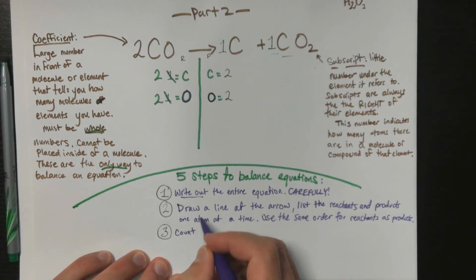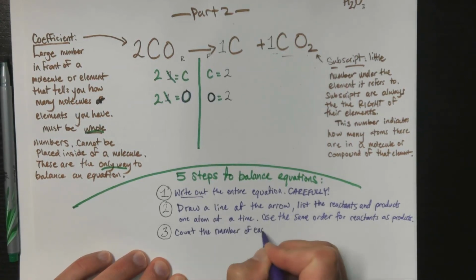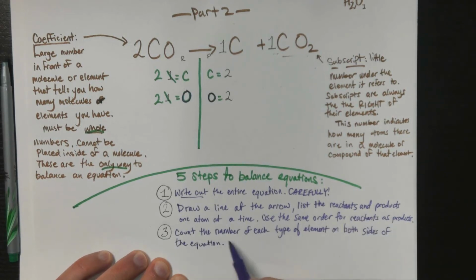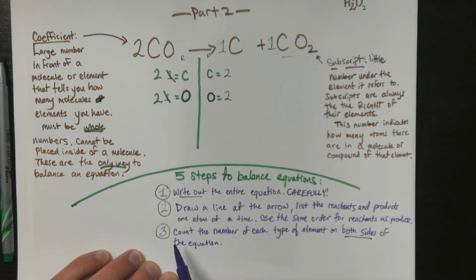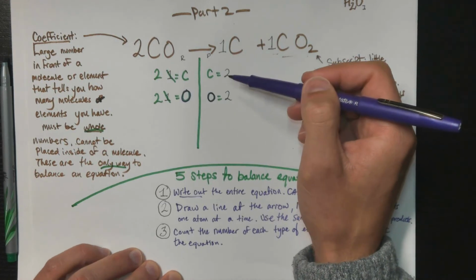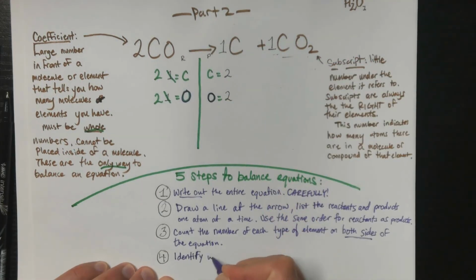Okay, step 3, count the number of each type of element on both sides of the equation. So go ahead and count them up before you do anything to the coefficients.